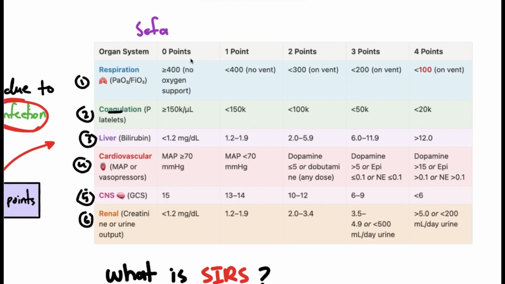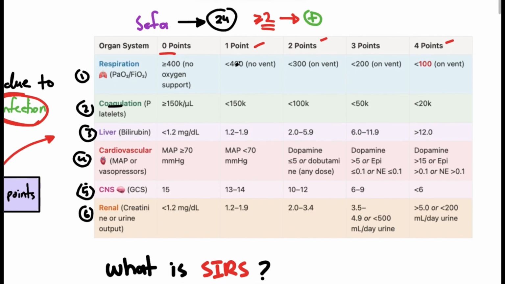So if we have damage in any of these organs, we grade that according to 0, which is normal, 1, 2, up to 4, and we're going to calculate based on that. Now, with this score, as you can see, it's scored out of 24, but we need only as low as 2 to say that this is a criteria for sepsis.